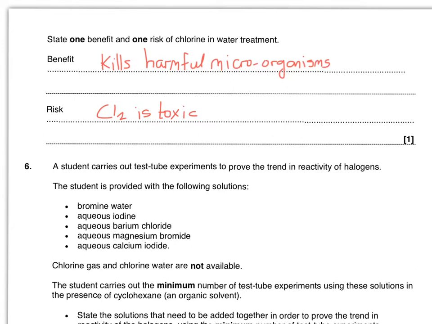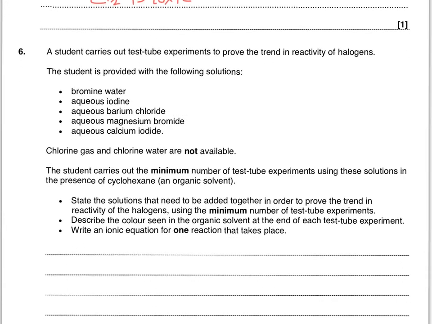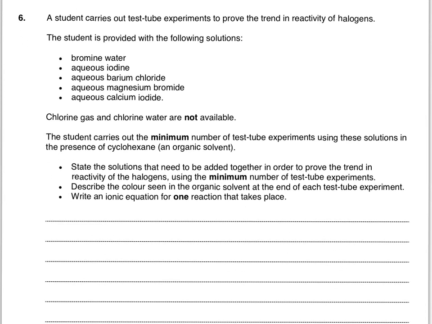So moving the page down, it says a student carried out test tube experiments to prove the trend in reactivity of halogens. It gives you a list of the things that the student is provided with, and it says chlorine gas and chlorine water are not available.